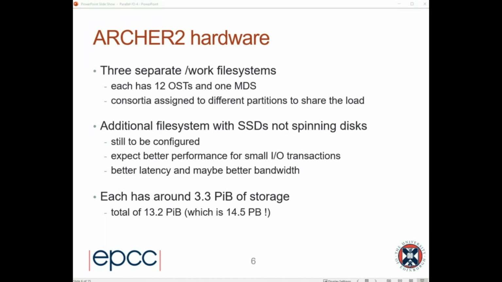I can actually test that if I get onto the system, but I don't think it's configured yet for general storage. Did anyone use it?